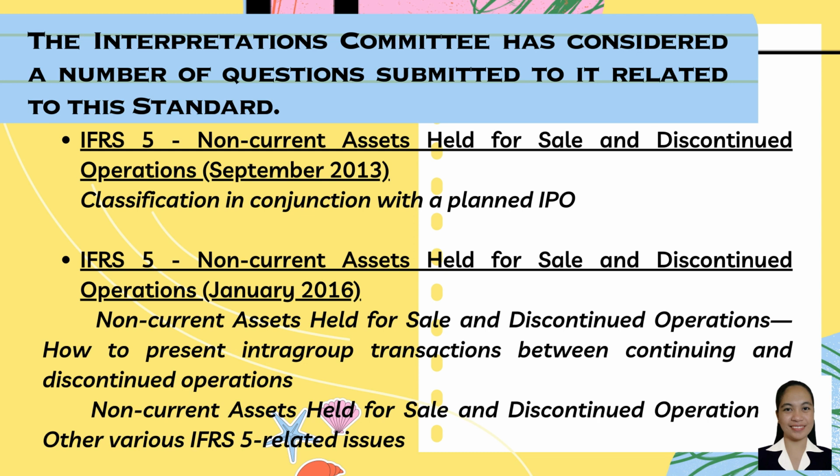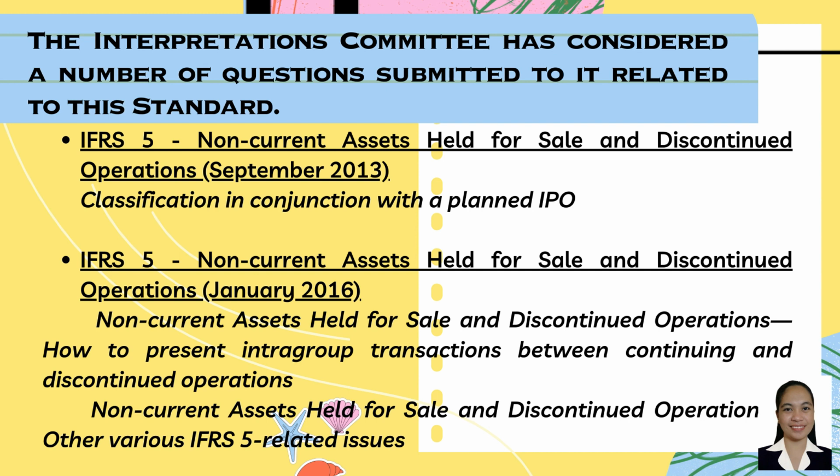So, because of the number of unresolved issues in these amendments, the Interpretations Committee concluded that a broad scope project on IFRS 5 might be warranted. In this respect, the Interpretations Committee noted that IFRS 5 was described as a possible research project in the request for views on the 2015 agenda consultation published by the IASB in August 2015.